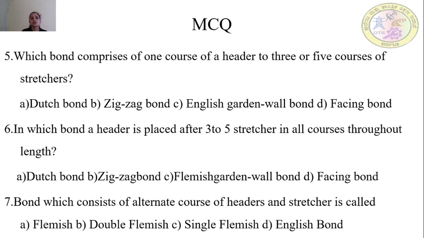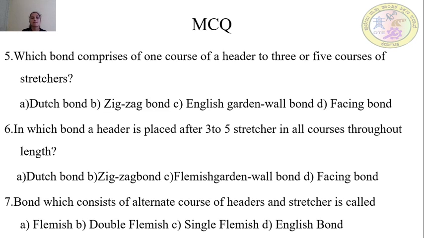In which bond is a header placed after 3 to 5 stretchers in all courses throughout the length? It is Flemish garden wall bond.